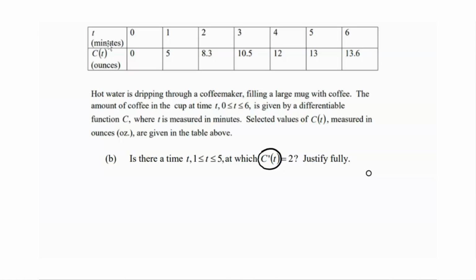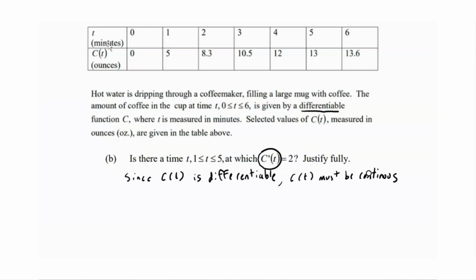Well, in the problem, it states that c is differentiable. So since c of t is differentiable, c of t must be continuous. Okay.